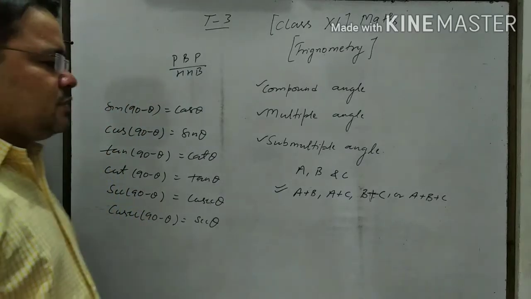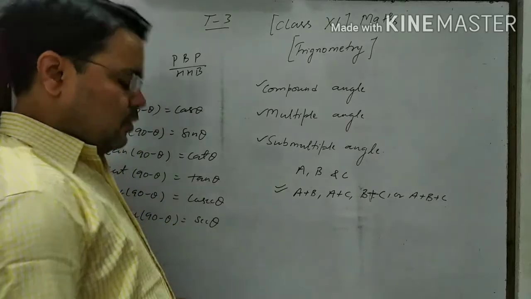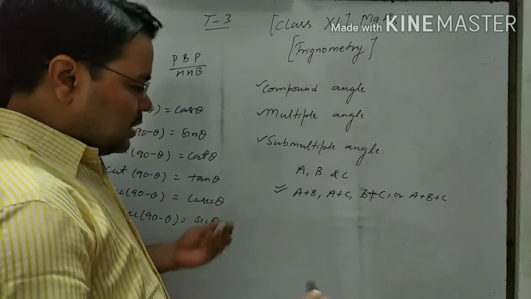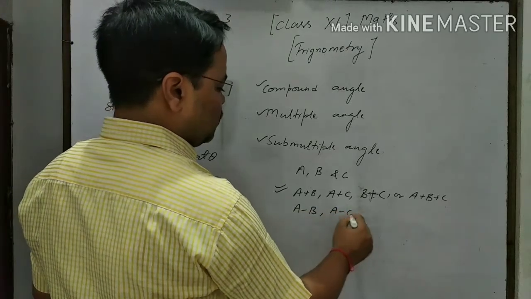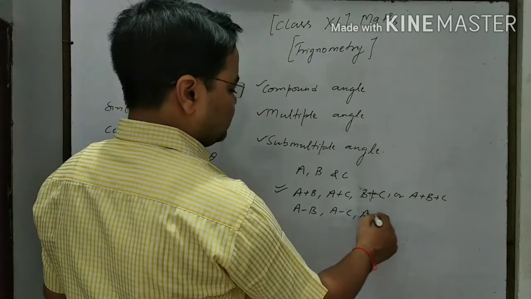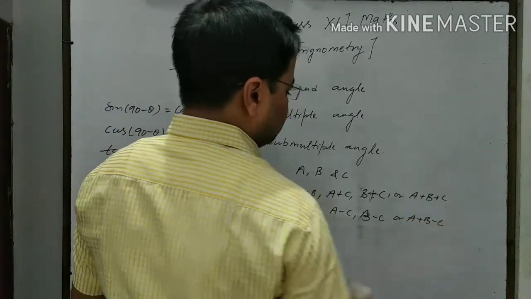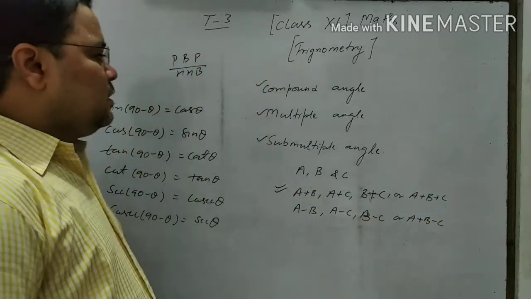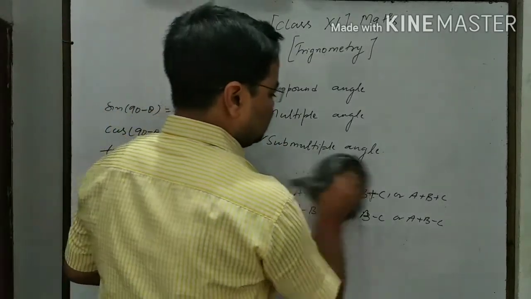Okay, if we have angles A, B and C, then addition of these angles is called compound angle. Or subtraction of angles, B minus C, or we can write here A plus B minus C, then they are called compound angles.